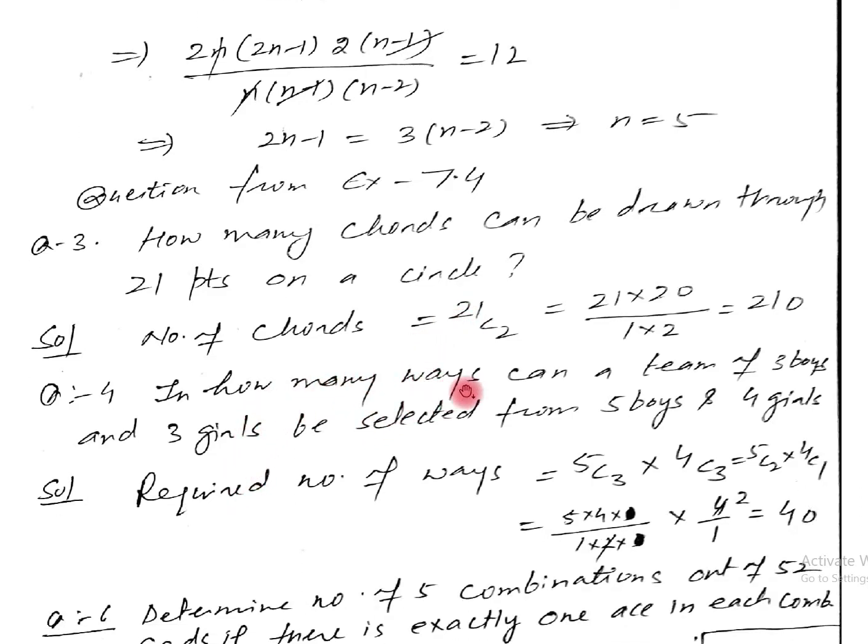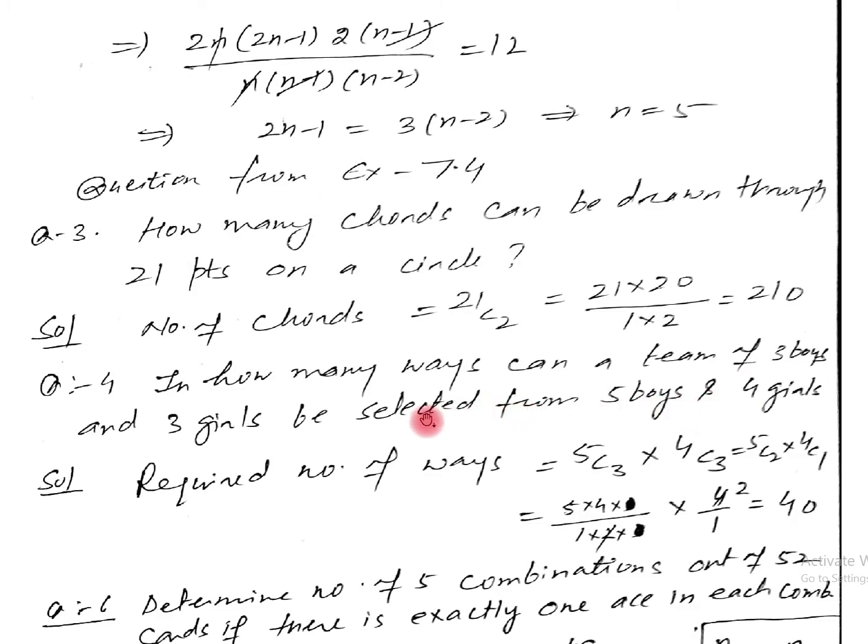Now how many ways can a team of 3 boys and 3 girls be selected from 5 boys and 4 girls? Now out of 5 boys we have to choose 3 boys. Out of 4 girls we have to choose 3 girls.